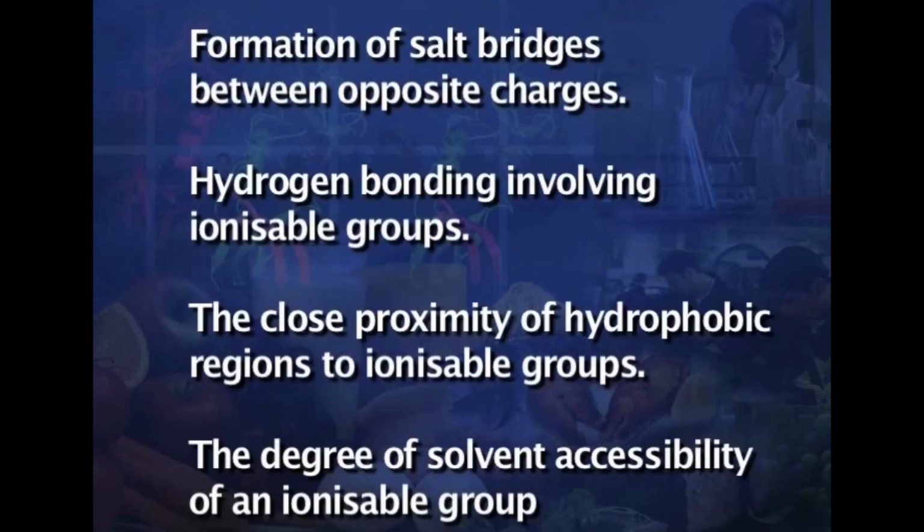There are several environmental factors that affect the pKa value of amino acids, like formation of salt bridges between opposite charges, that is the positive and negative charge, hydrogen bonding involving ionizable groups, the close proximity of hydrophobic regions to ionizable groups, and the degree of solvent accessibility of an ionizable group.